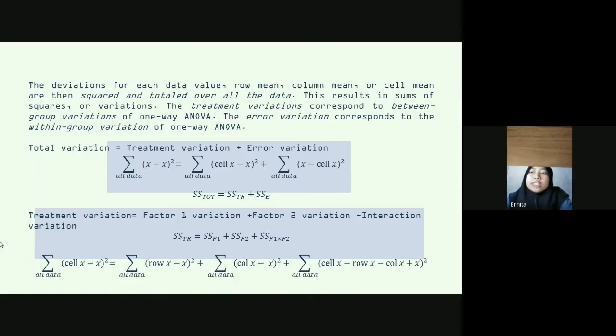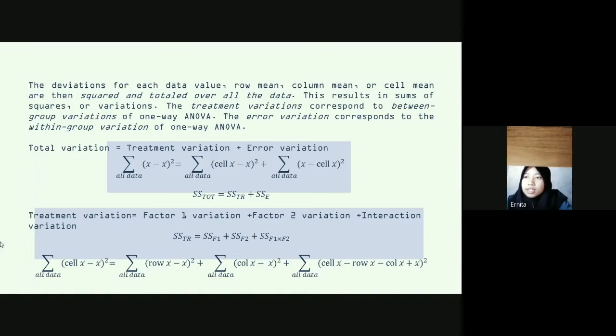The deviations for each data value, row mean, column mean, or cell mean are squared and totaled over all the data. This results in sum of squares or variation. The treatment variation corresponds to the between-group variation of one-way ANOVA. The error variation corresponds to the within-group variation of one-way ANOVA.